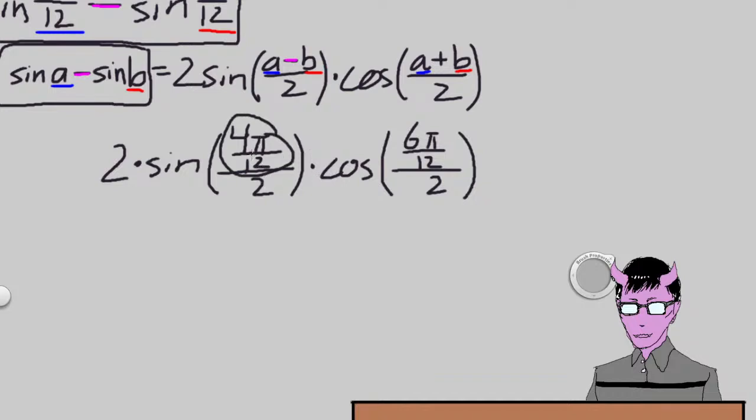So you can proceed in whatever order you wish. I'm going to change this. I'm just going to divide by 2 first, because I like to follow some semblance of order. So I'm going to deal with the big division bar first to change this one. So it becomes 4 pi over 24.